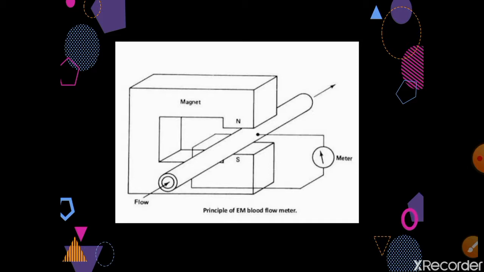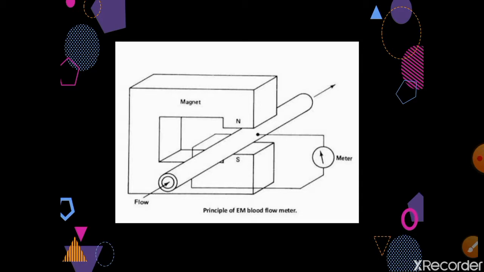To estimate the blood flow by this method, the blood vessel through which the blood flow is to be estimated is exposed and placed between two poles of a very strong magnet. Then, two electrodes are placed on the opposite sides of this blood vessel. The placement of the electrodes must be perpendicular to the field of the magnet.